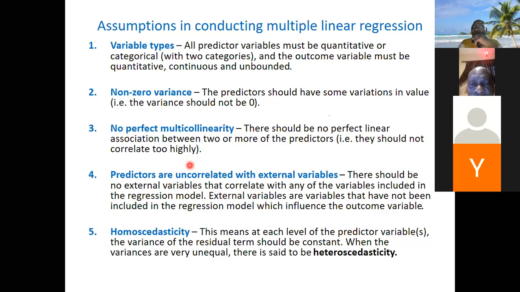Multicollinearity. Okay, let's talk about collinearity. Collinearity just means two variables that perfectly correlate, as their correlation coefficient is 1. So in that situation, if you have variables that perfectly correlate and you put them inside the model, that's multicollinearity.